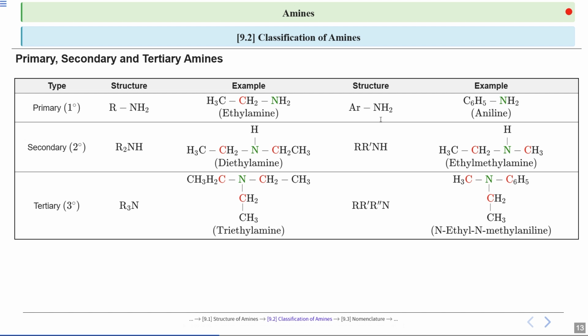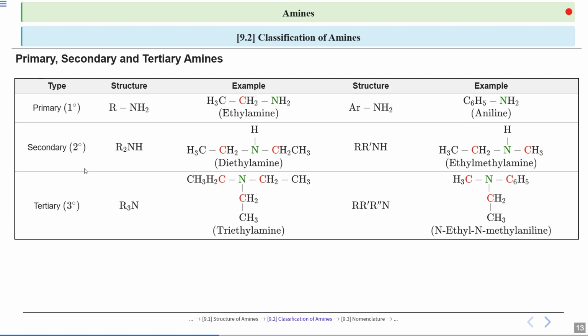And over here, I have replaced one of the hydrogens with an aromatic ring. The corresponding amine I have got is aniline. In aniline, the NH2 group is attached to a benzene. So this is an example of a primary amine.